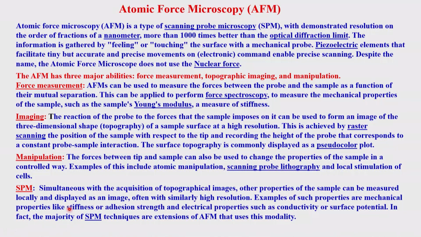You can get those properties as a function of xy, as a function of the z profile, etc., and then find how such properties are distributed on the surface. Those properties may be required for some purpose, for some application. So therefore you need to map those kinds of things.